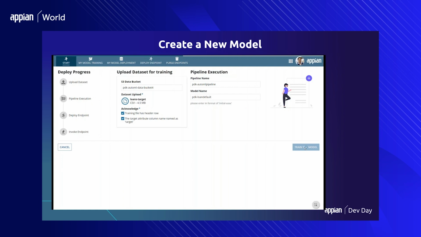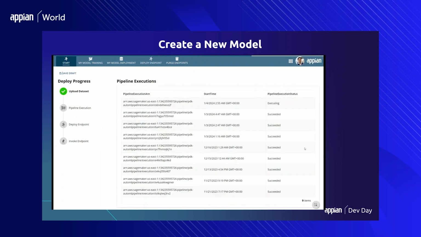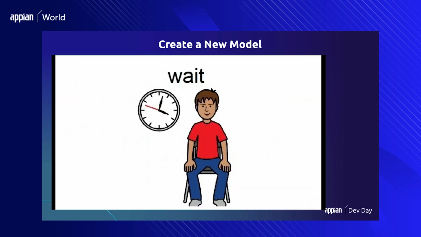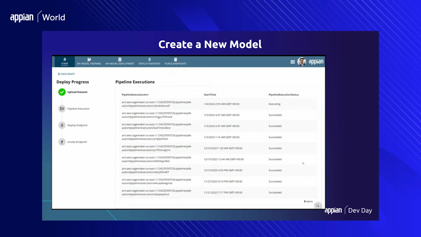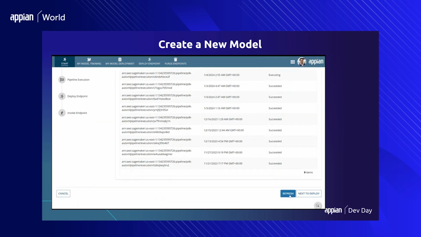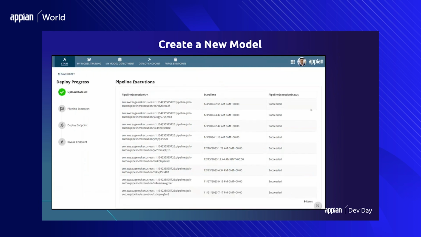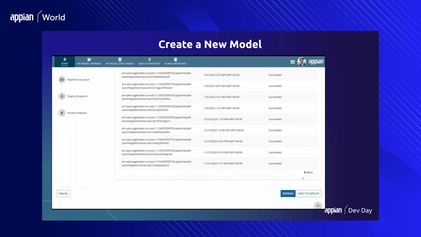Usually it takes 45 to 80 minutes, depending on how big and how complicated your CSV data set is. When it's ready, you refresh your screen, you will see the model status change from executing to succeeded. At that time, you know your model is ready. Now, the next step is to deploy the model.